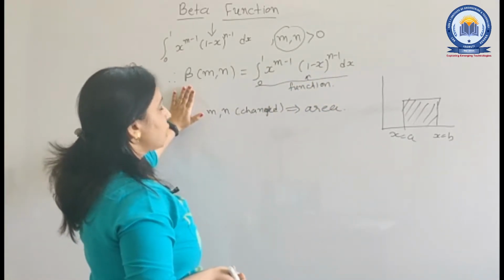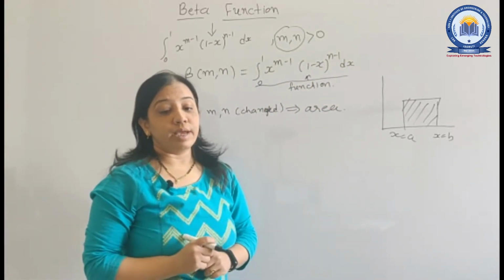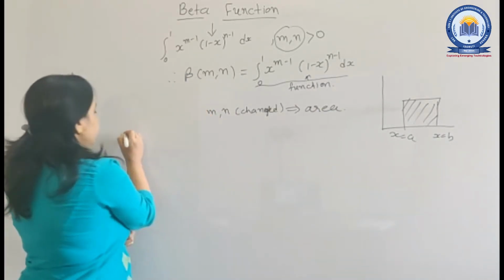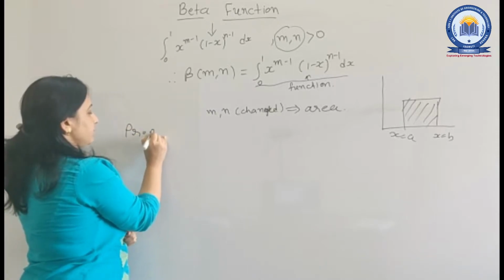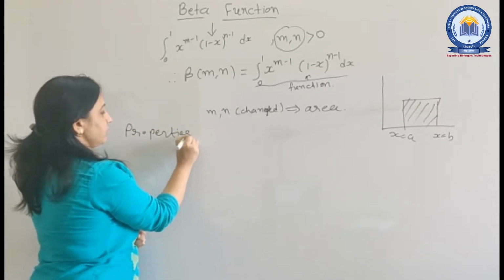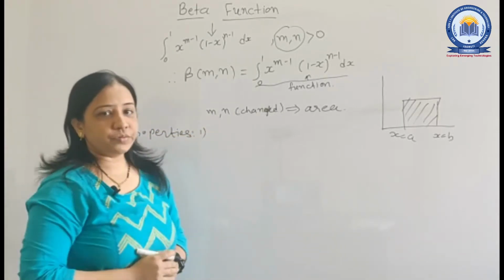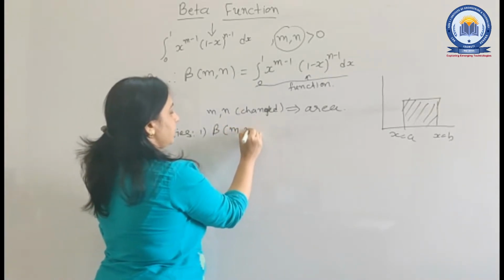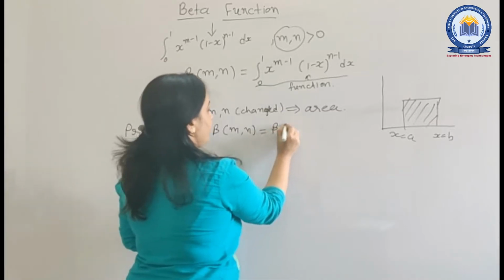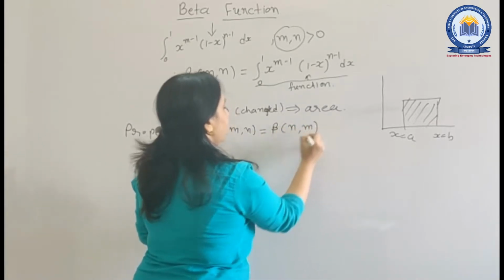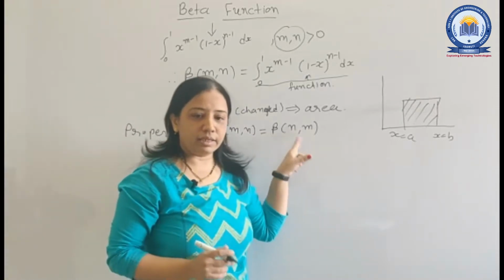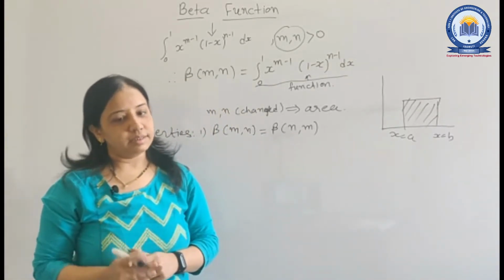Some properties are also there of the beta function. The first one is beta(m,n) equal to beta(n,m). That means you can replace m with n, so we can say it's a symmetry.